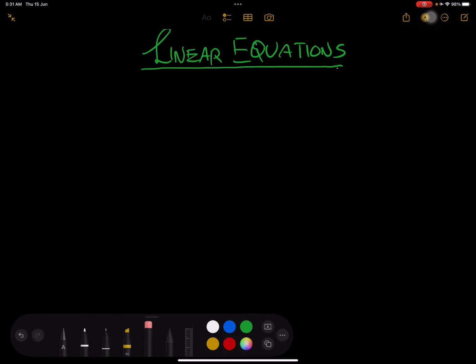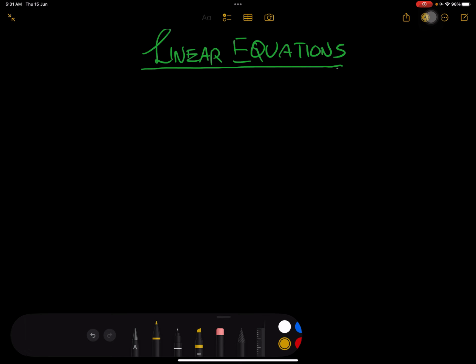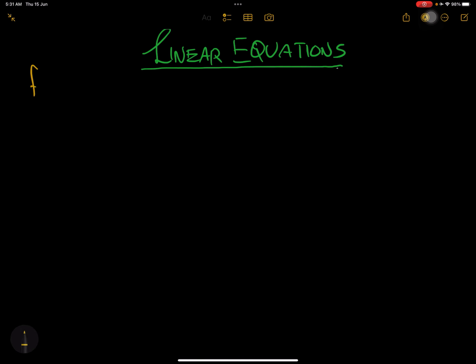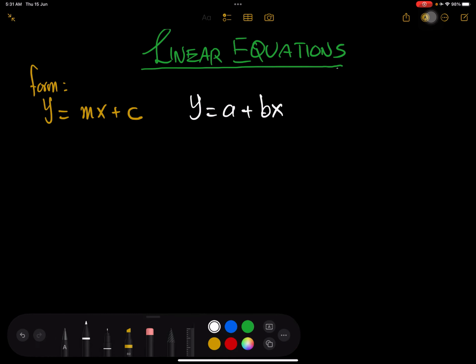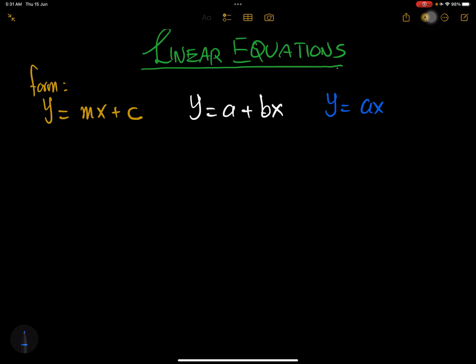Linear equations have the form y equals mx plus c, or sometimes the form y is equal to a plus bx, or some books will write it as y is equal to ax plus b.